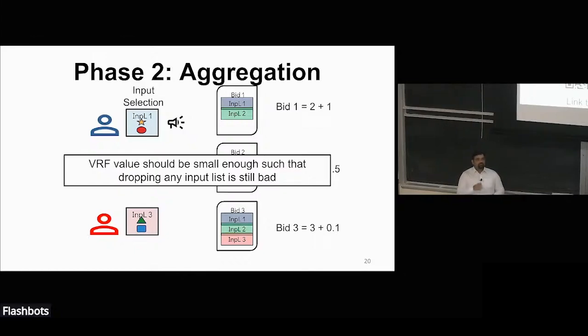To answer the second question, because it's simple, yes, we do consider it as a dynamic game in which the second phase has already influenced the first phase. For the first question, there is no single aggregator. All validators that were involved in making the inclusion list or input selection in the first place are all parties that will be participating in the aggregation. Every party is computing this bid in AUCIL and then sending it to the block producer.